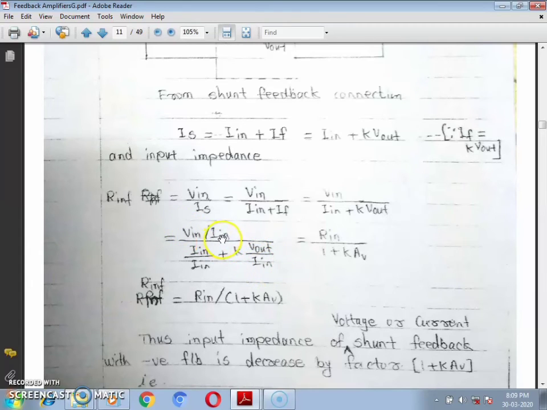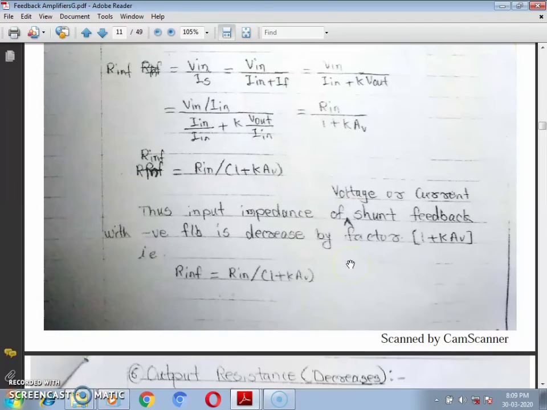Vin divided by In is nothing but the input impedance of the basic amplifier, and V out divided by In is the gain of the basic amplifier.